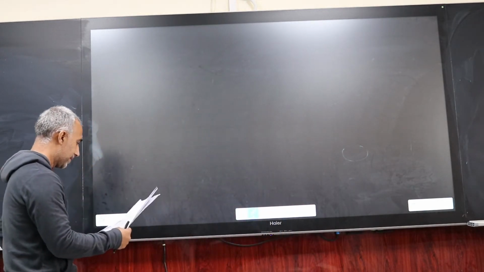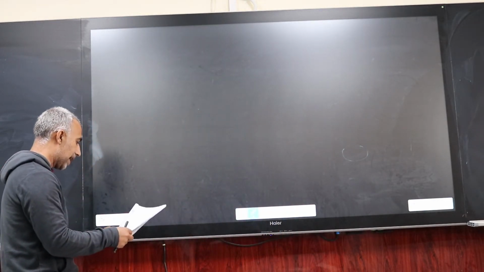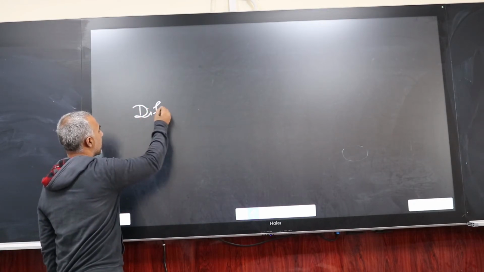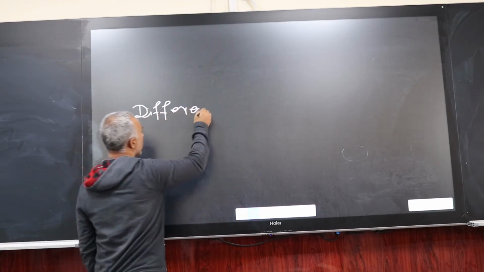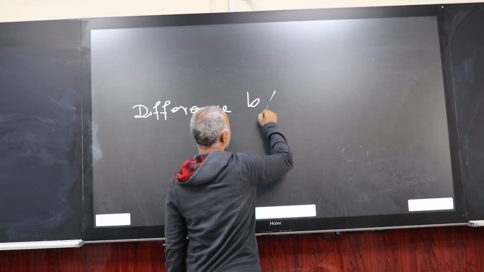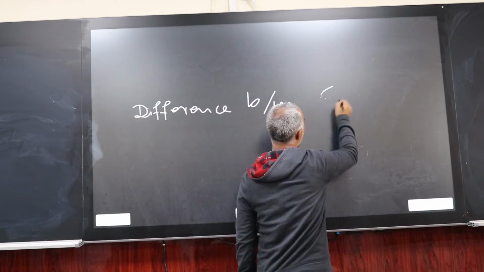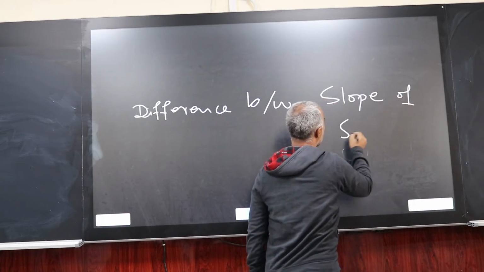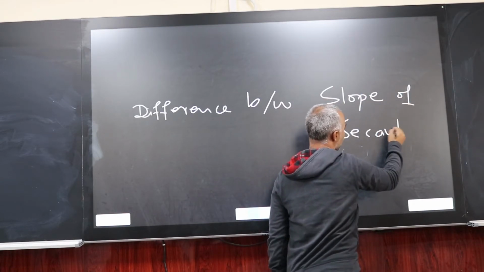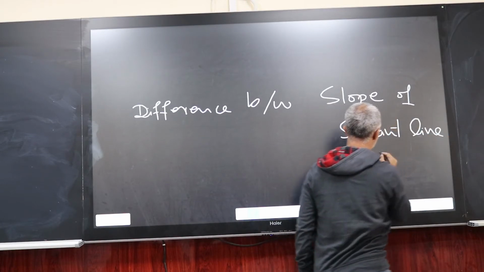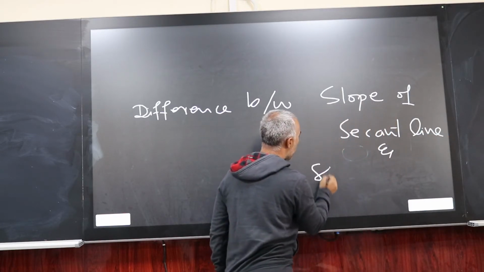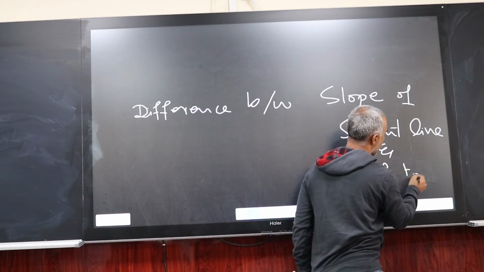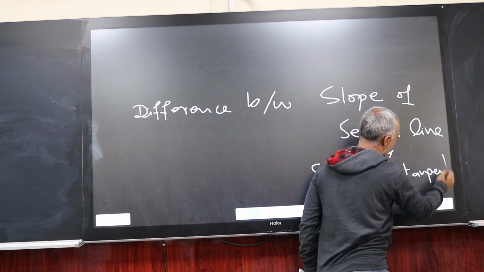Second concept, about the difference. I may well ask a question in the exam. Difference between slope of secant line and slope of tangent line.